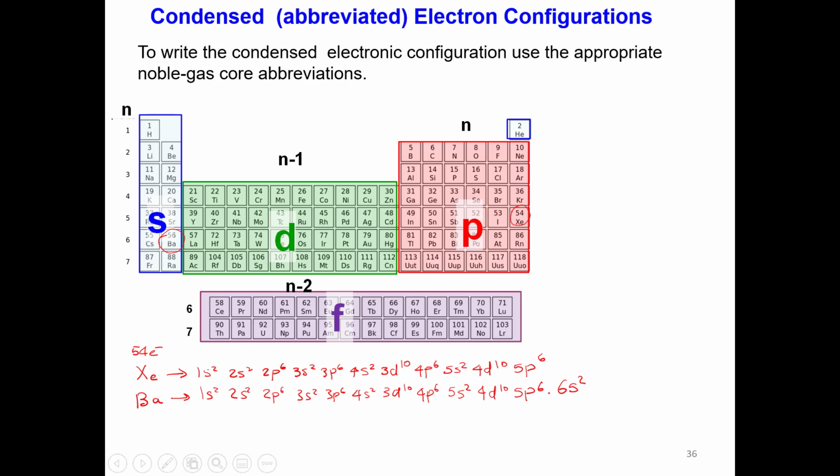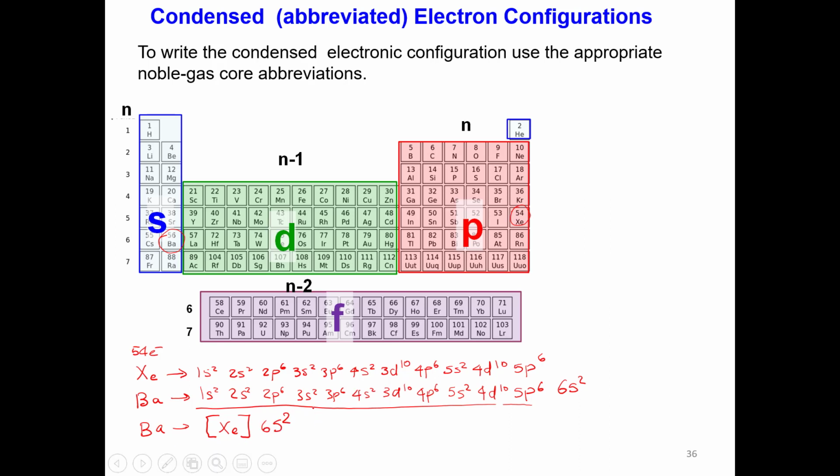What we can see is the first part is exactly the same as the configuration of xenon. Then we can write it in this way. We replace all this part by this one. We use brackets, and then we write the other part, 6s.